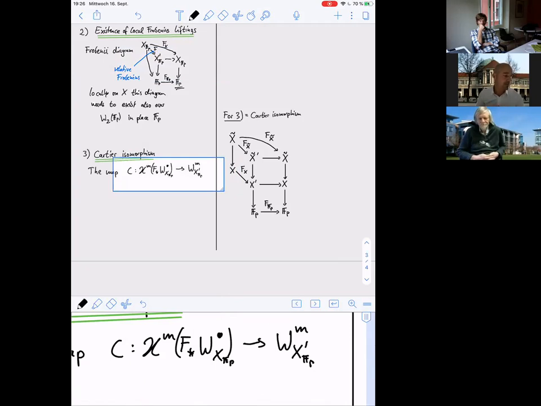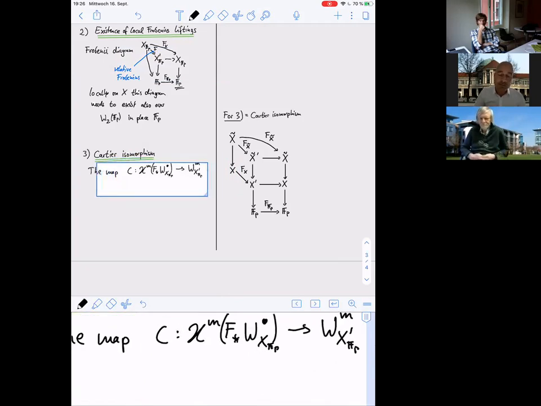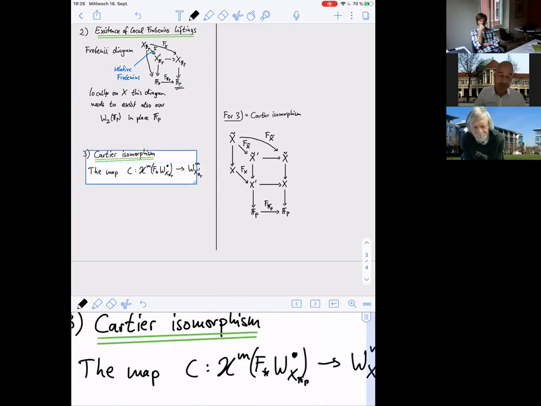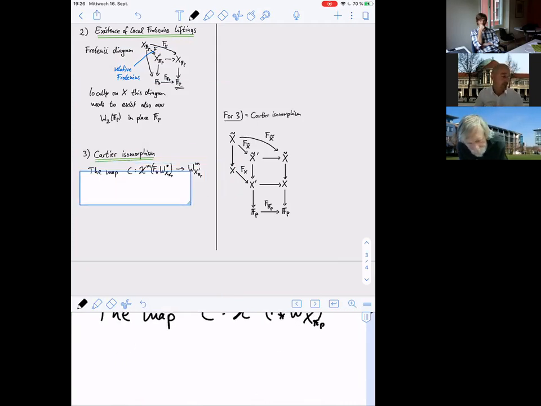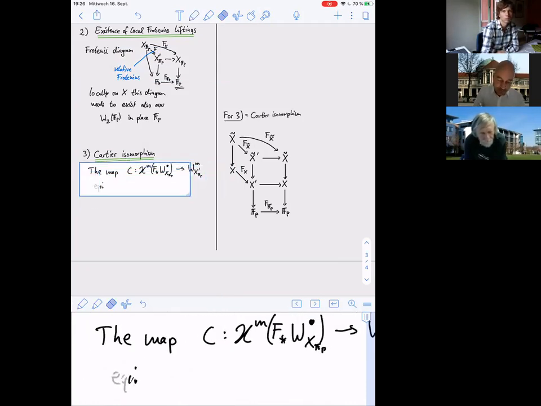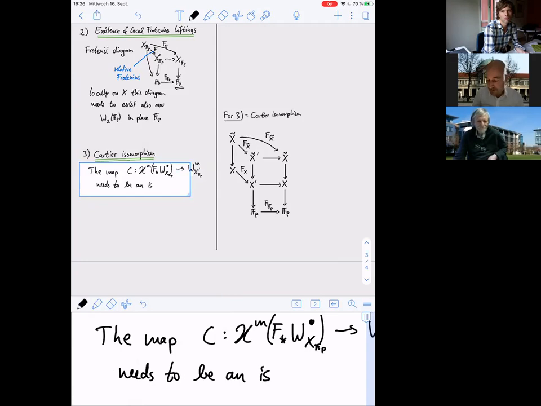I won't go into too much detail, but that's something we need, and we want this map to be an isomorphism. And Illusie already proved it's an isomorphism on the log smooth locus, because we know that already. We only need that it's an isomorphism also on the log singular locus. So I should say that this map needs to be an isomorphism.